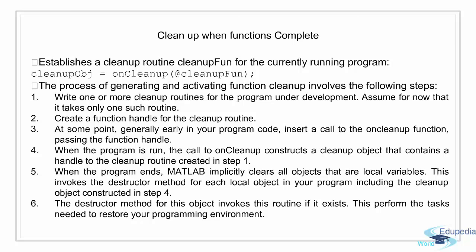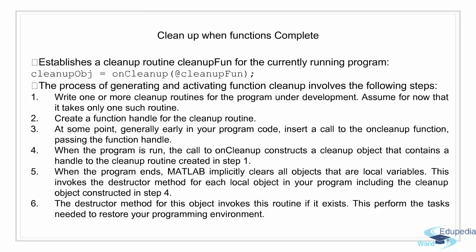The statement that establishes the cleanup routine for the currently running program is shown in the first line of code. Here, to the onCleanup function, I have passed the function handle of the function that will do the cleanup process. There are basically 6 steps involved in generating and activating a function cleanup. The first step involves writing the cleanup routine.